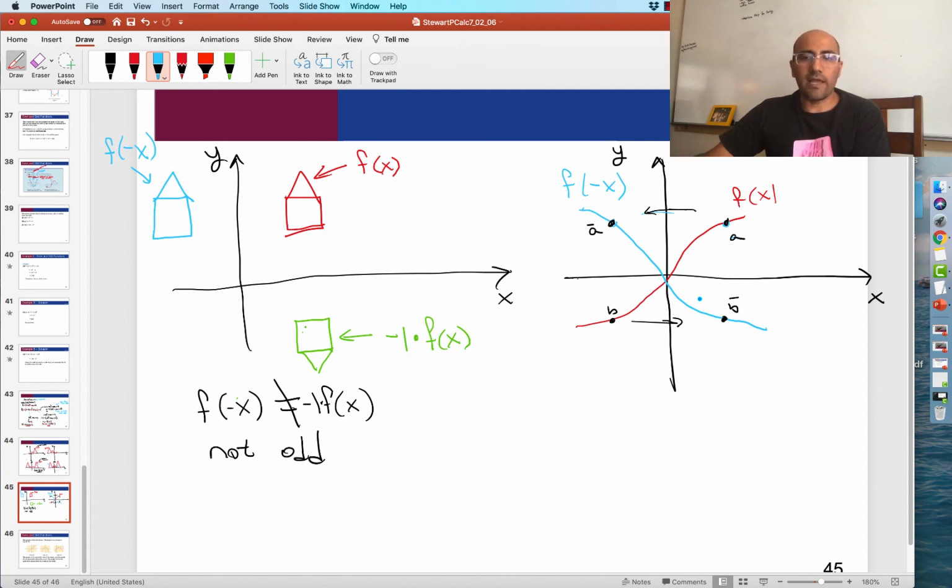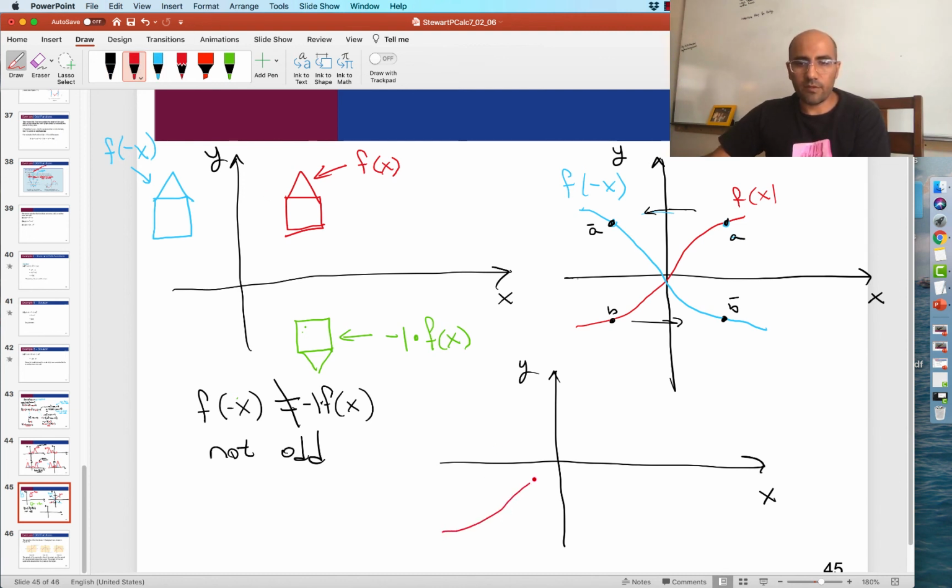Okay, but that's okay. Now let's say that we take the exact same graph, and remember I'm just doing it by hand here, so it might not be perfect. The exact same graph was something that looked like this. Here's f of x. Okay, and now we're going to do a reflection around the x-axis.